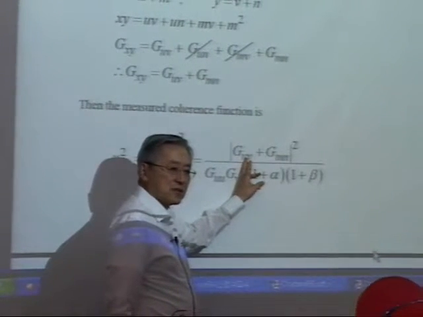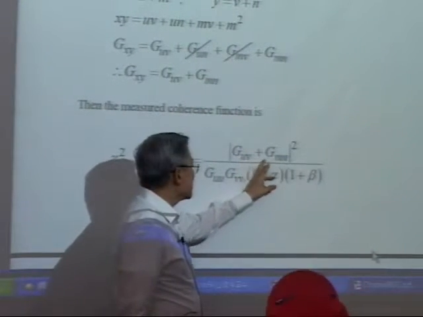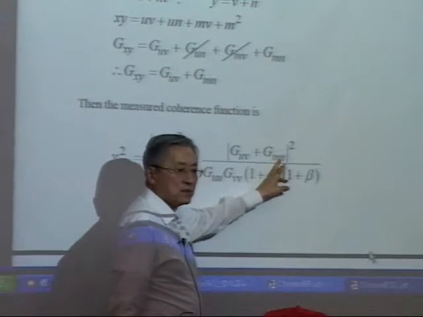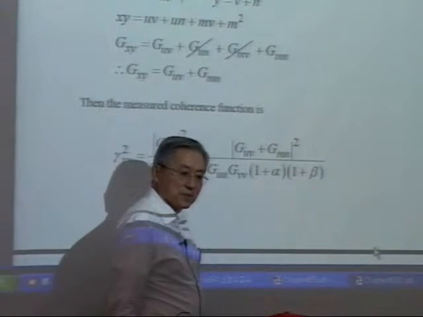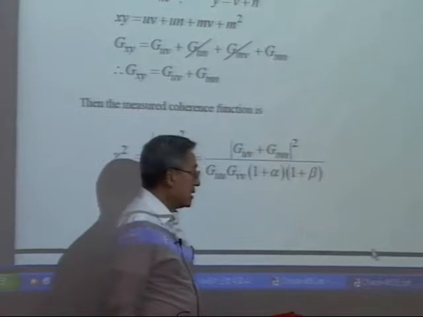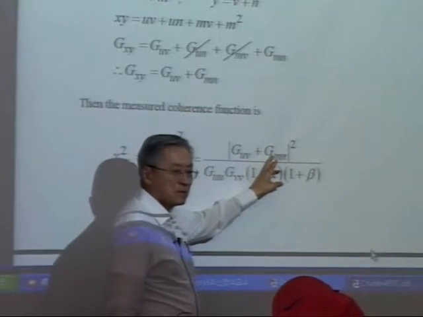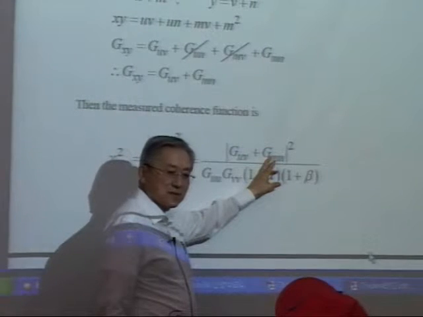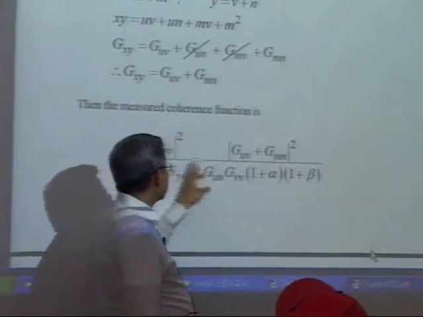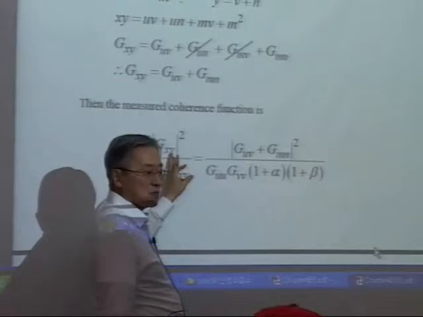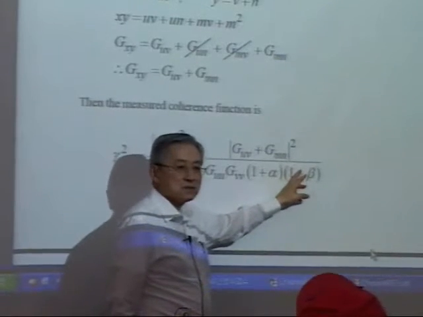GUV, this is complex. GMN, complex. Addition of complex and complex, how to handle that? And for the definition, GXY is the absolute square.